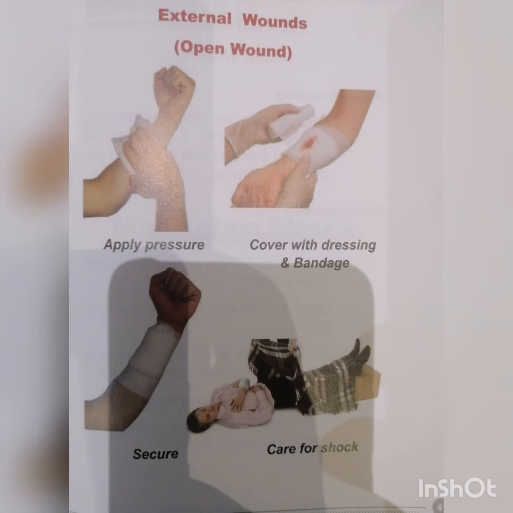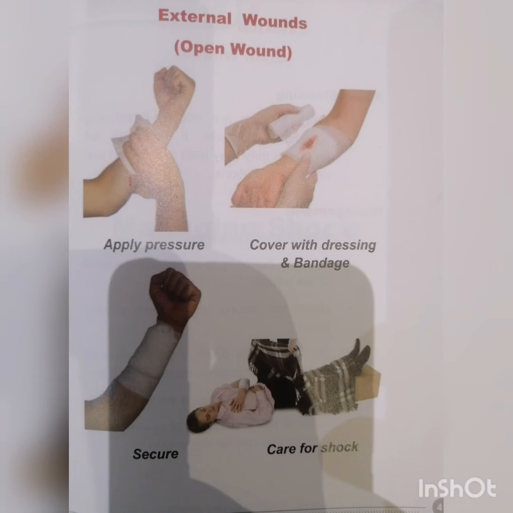How can you manage wound? I'm going to explain 7 points on how we can manage wound. You have to wear disposable gloves. That is number 1. Number 2, lay the casualty down on the floor to help prevent shock.